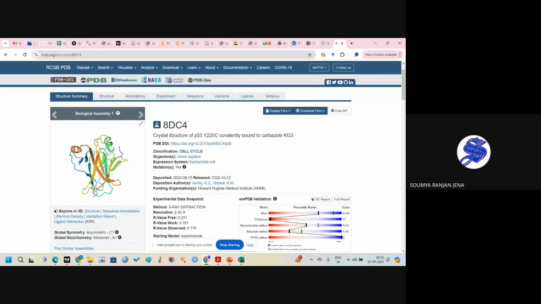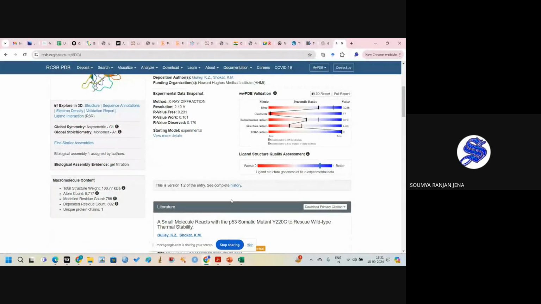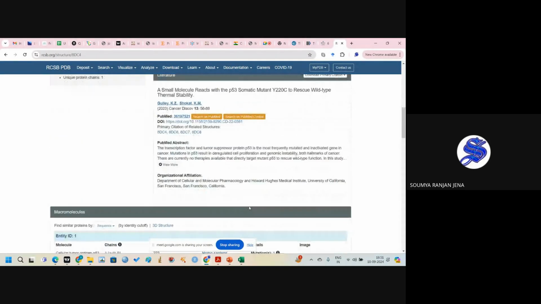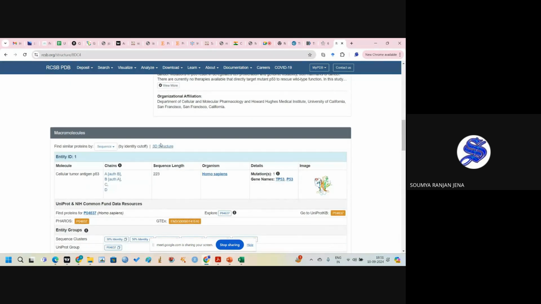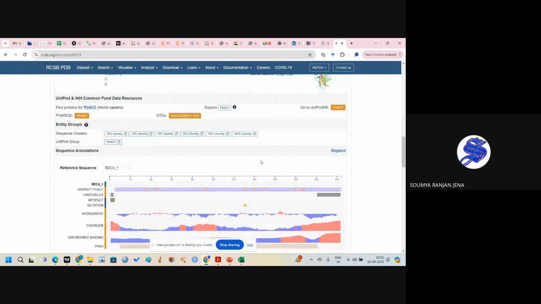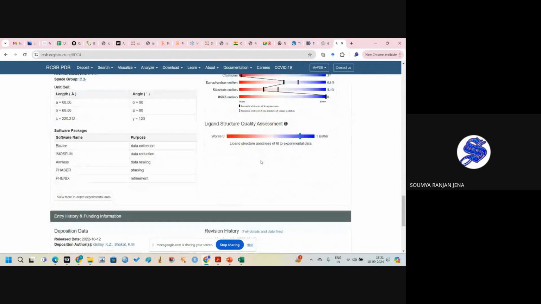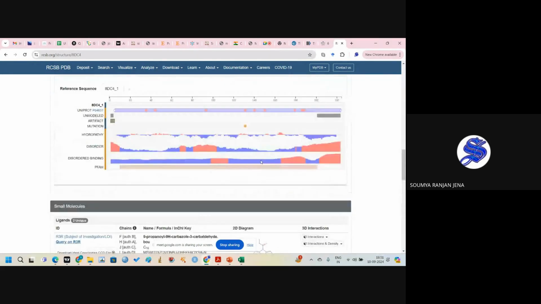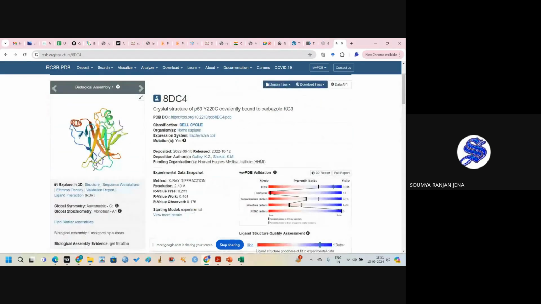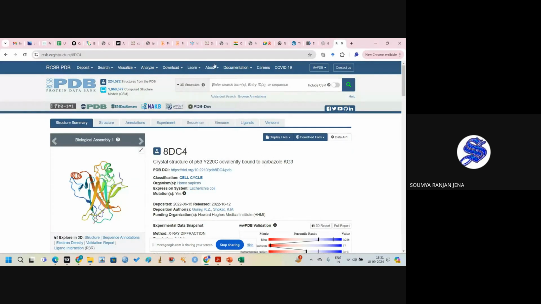This is the crystal structure of the P53 protein, and all the related documents and references you will find in this Protein Data Bank. You can use any type of protein and put it here, and it will give the three-dimensional structure of the protein.